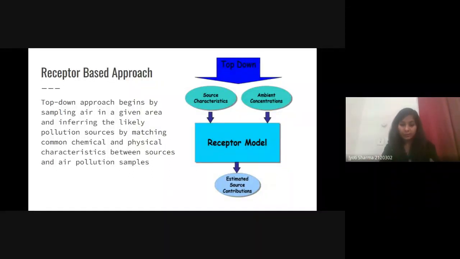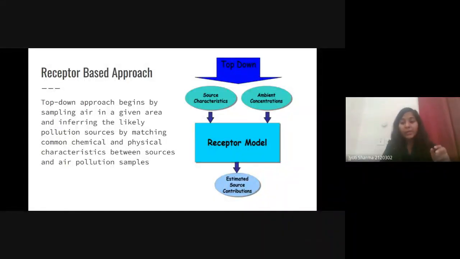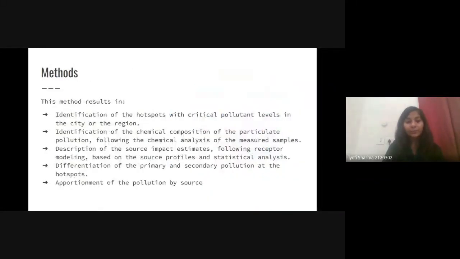There is a lot of uncertainty in how you calculate this, but based on some physical and chemical characteristics of our pollutant, we can decide where it came from. So this is the receptor-based approach.